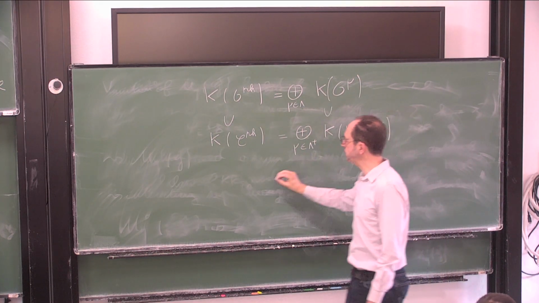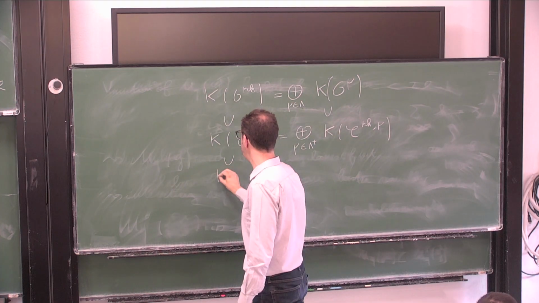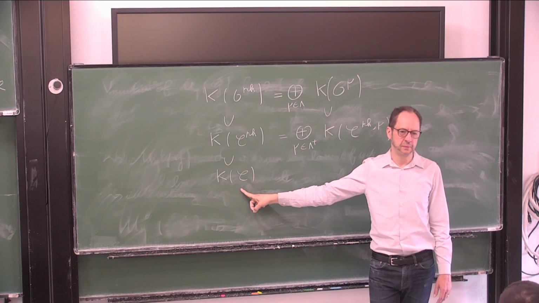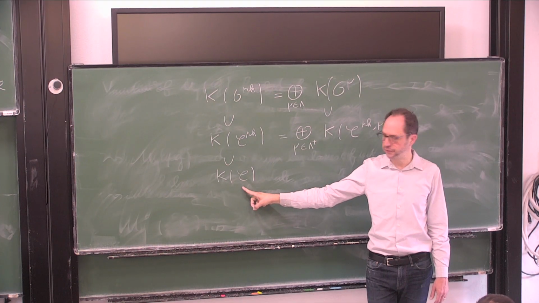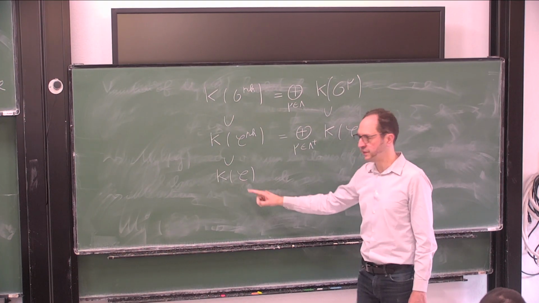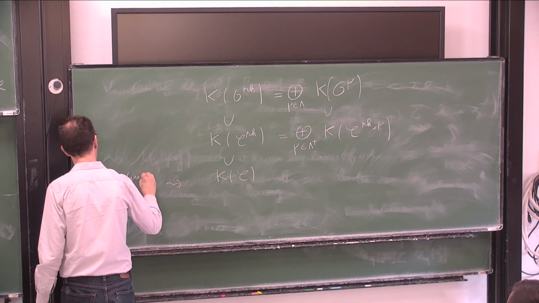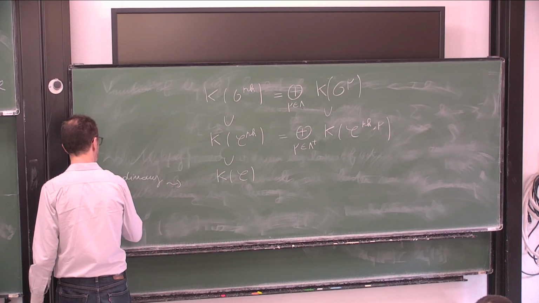And of course, this contains the Grothendieck ring that we have discussed previously of finite dimensional modules for the ordinary quantum loop group.